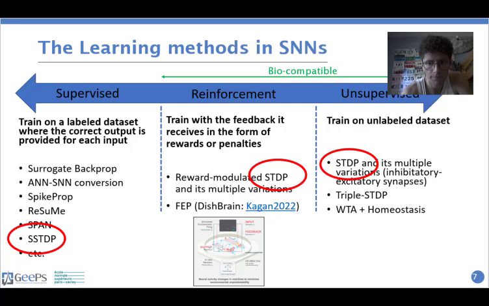So in fact, STDP is just a learning rule which can be combined and coupled with other learning techniques. That is what I wanted to say in this slide. There are a lot of training algorithms for spiking neural networks, and STDP is not reserved to only one type of learning. It needs to be combined.